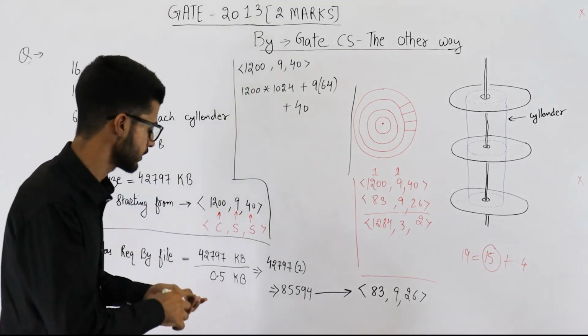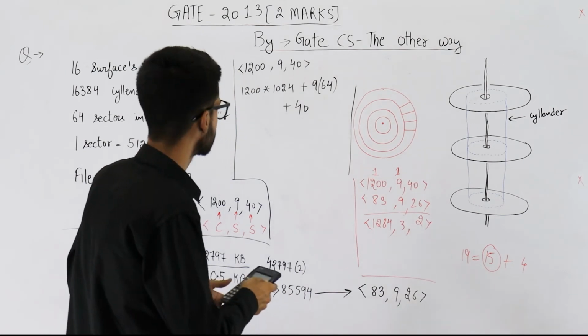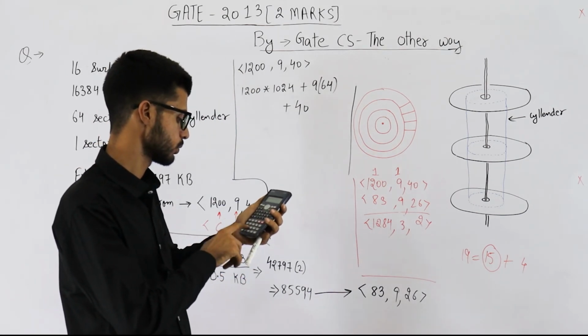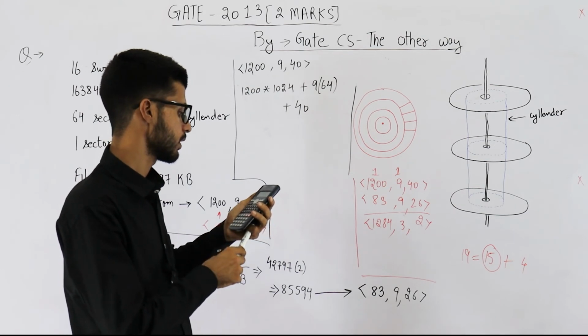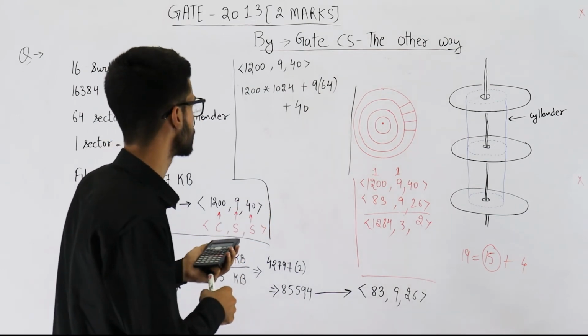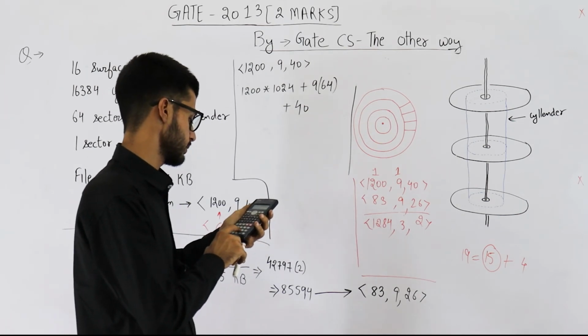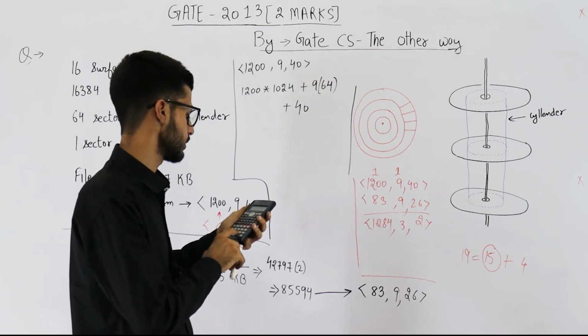Let me just calculate it and I'll write the value. So 1200 into 1024, that is 12 into 1024, is 1228800. Plus 9 into 64, plus 40.